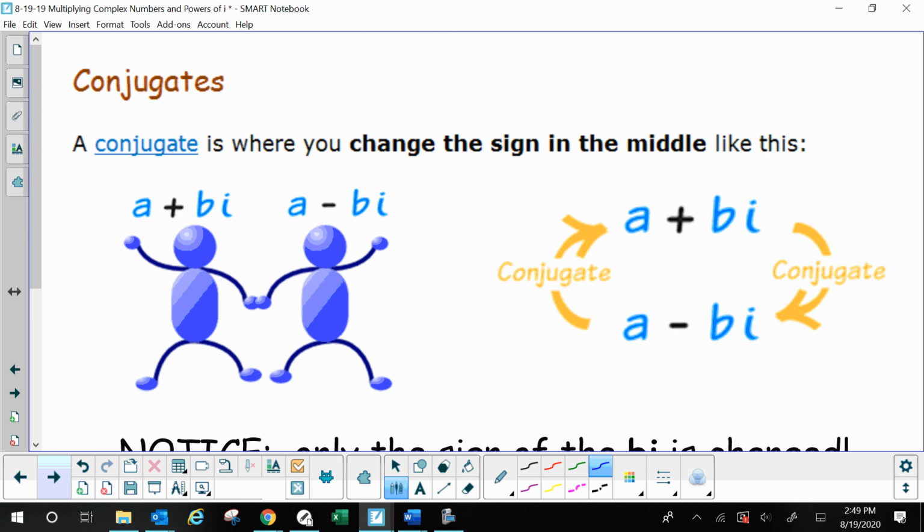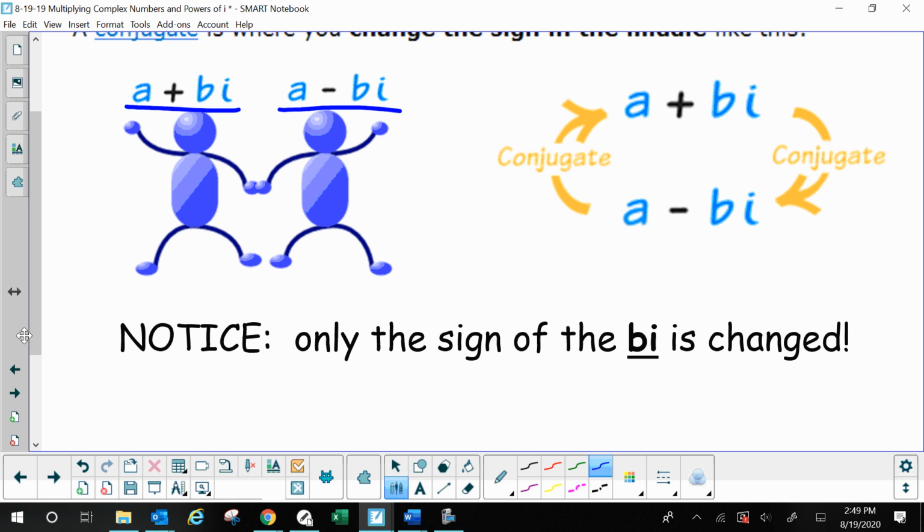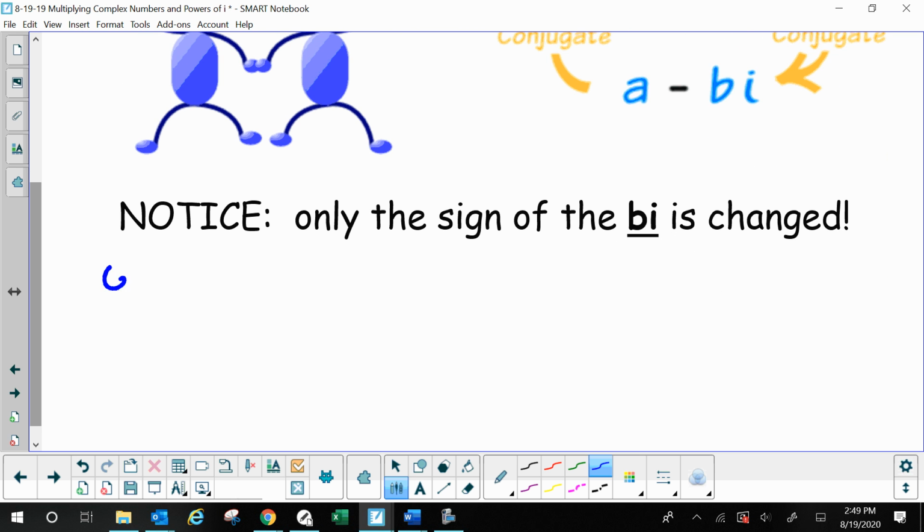Last little section. So a conjugate is where you change the sign in the middle. So if you had a plus bi, its conjugate would be a minus bi. Only the sign of the bi is changed. So if you had 6 plus 4i, what would the conjugate be? 6 minus 4i.